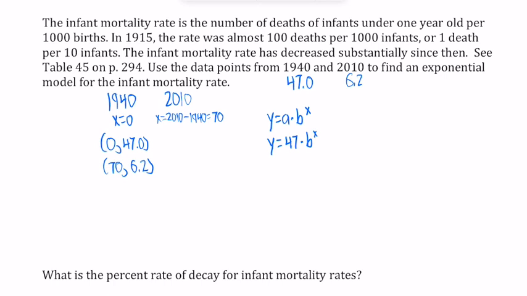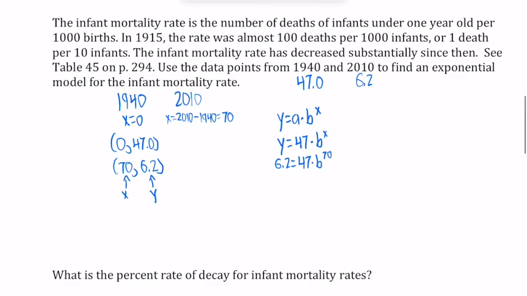And now we're going to use our other data point to figure out what b is. We're going to put in 70 for x and 6.2 for y. Here we would have 6.2 equals 47 times b raised to the 70th.